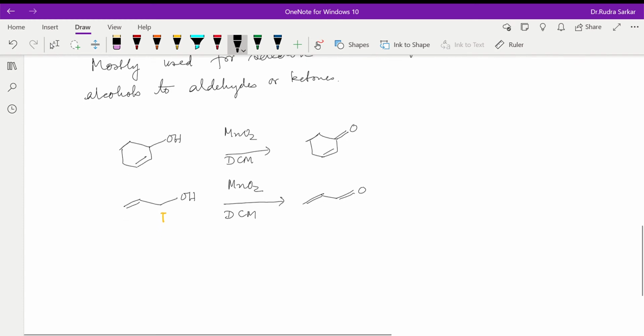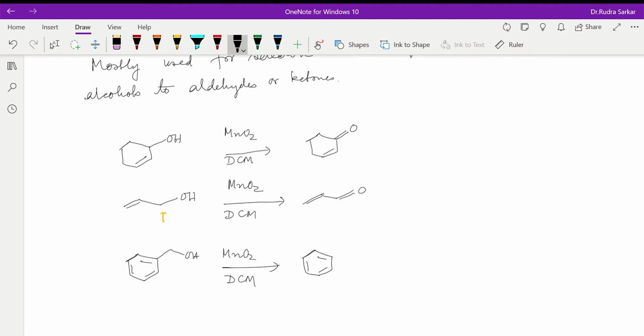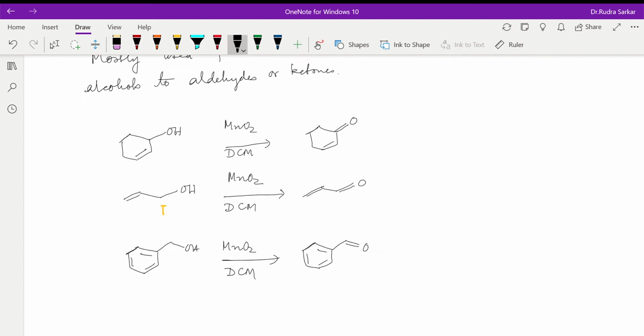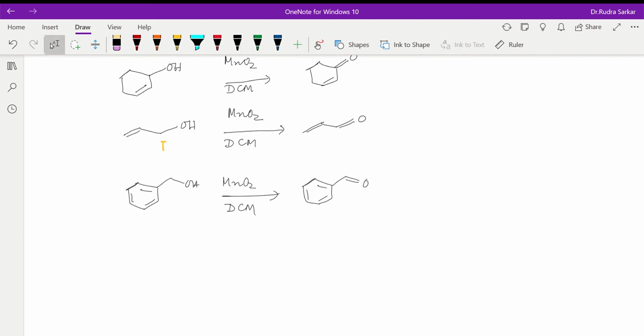Okay, so now if you're trying for systems like this, as I've said, this is benzylic, so also this will be oxidized, importantly, to benzaldehyde. Let us check a few more.